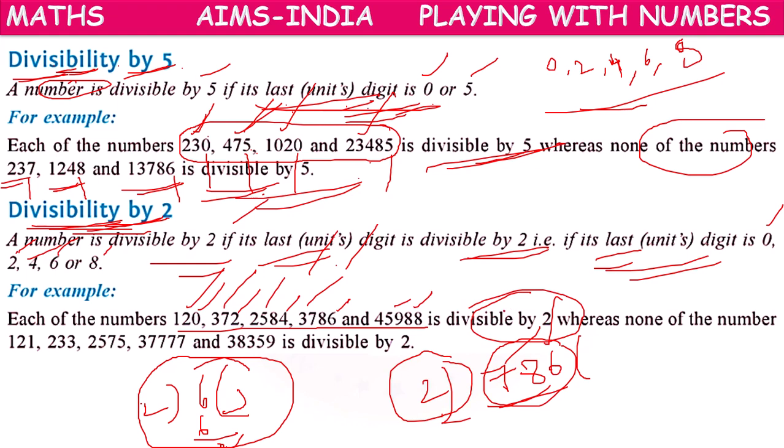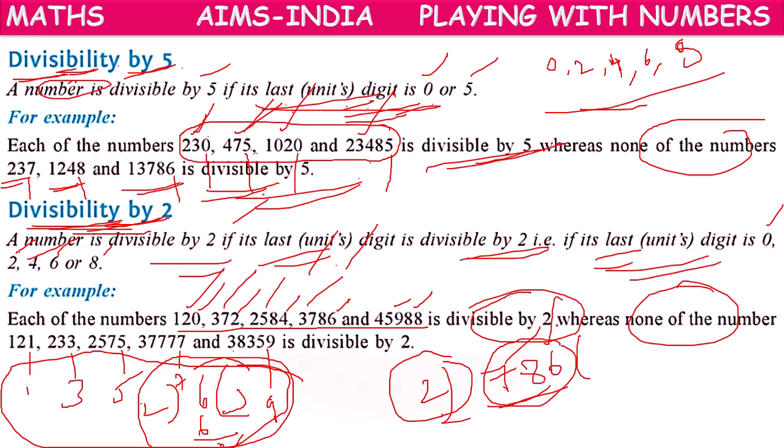Whereas if you have numbers like 121, with unit digit 1, 233 with 3, 2575 with 5, 37,777 with 7, 38,359 with 9, in the units digit we don't have 0, 2, 4, 6, 8. So none of these numbers is divisible by 2. This is the divisibility rule by 2.